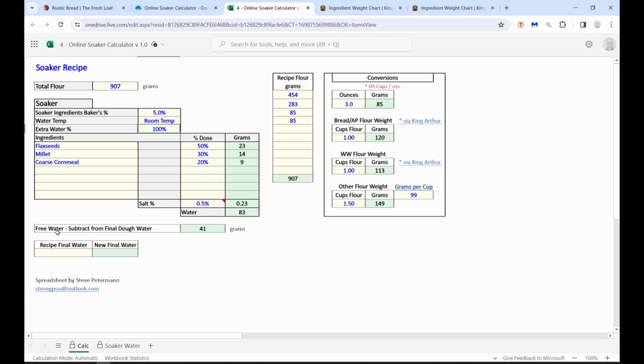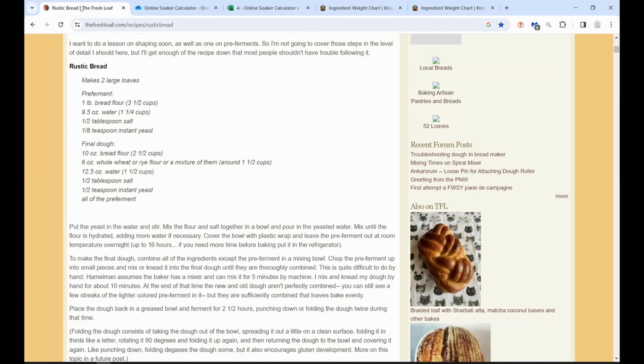This is free water. We need to subtract that from the final dough water. Because we got extra water up here, 43 grams, we need to subtract that. Now you can manually do that, but if you look at the recipe, the final water is 12.5 ounces of water.